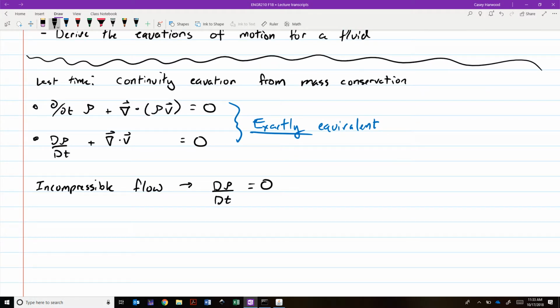In that case, we can cancel out this first term, and we end up with grad dot v equals 0. So that's, in a few inches of page space, a summary of everything we did last time.